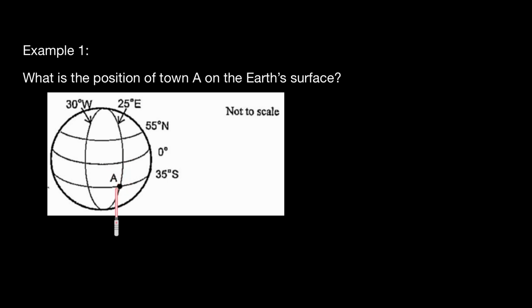I can see point A is 35 degrees south, and then it is 25 degrees east. So that's the coordinate of town A.